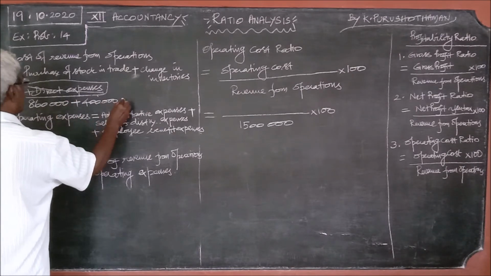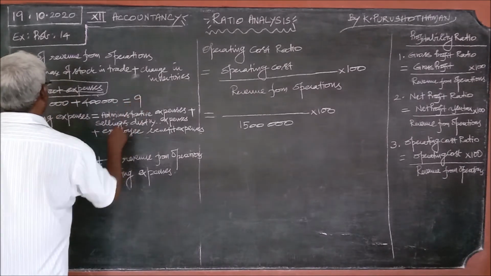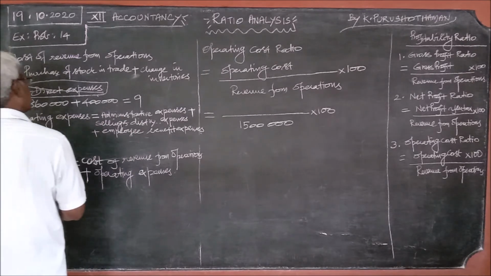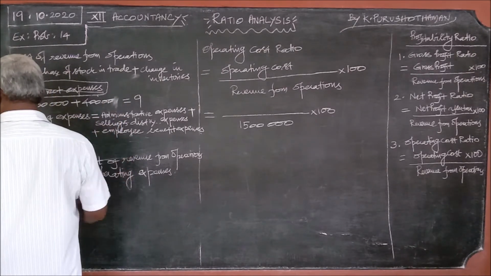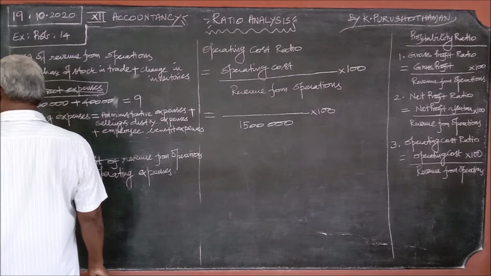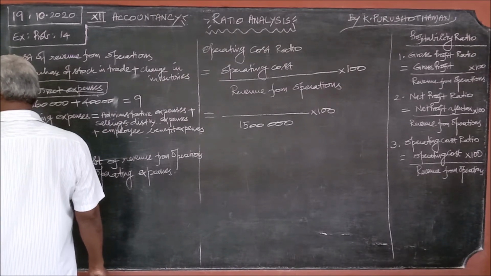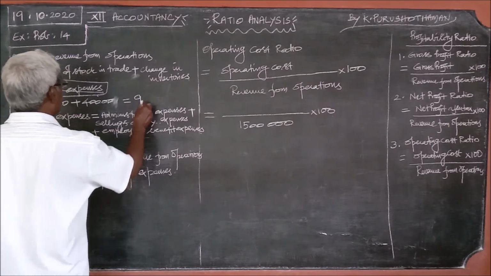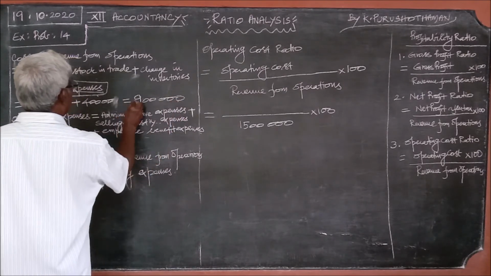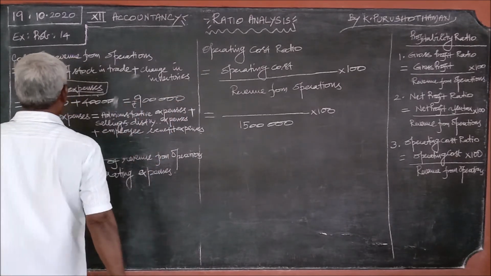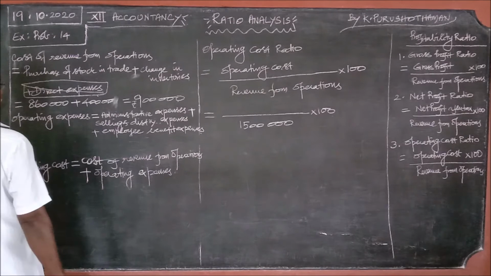Therefore, we should add these two and write 8,50,000 plus 40,000. That is changes in inventories, which is equal to 9 lakhs. This is the cost of revenue.